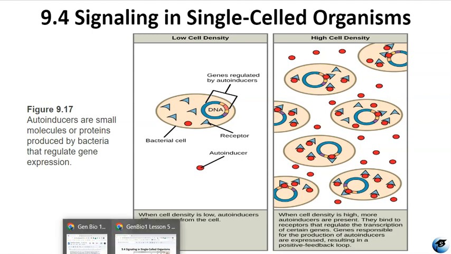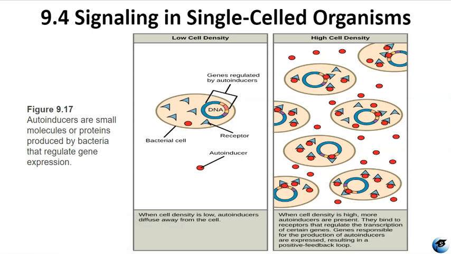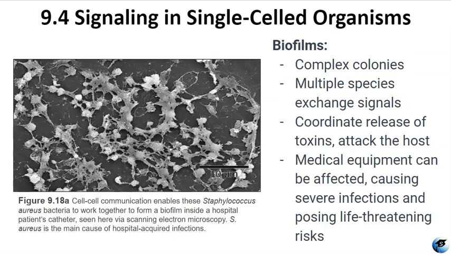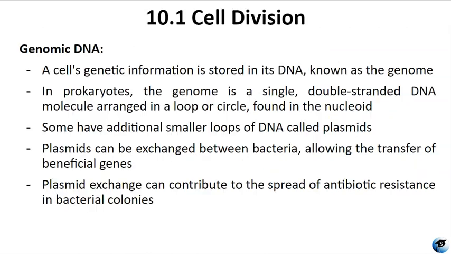So they can cause big problems for us, but they're very useful in bacterial survival and communication. So figure 9.18a, this is an example of a biofilm formed by Staphylococcus aureus, and this was found on a hospital patient's catheter.